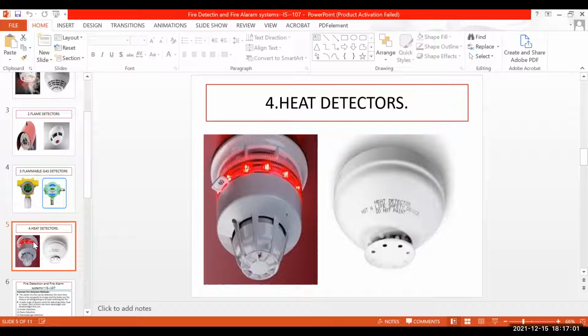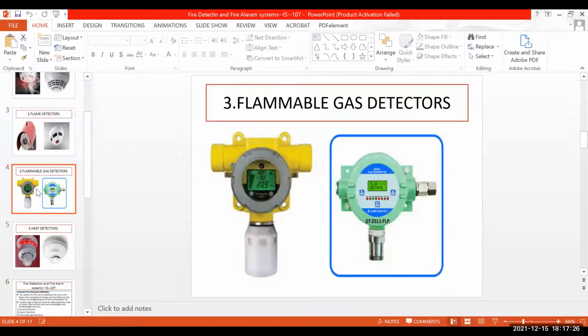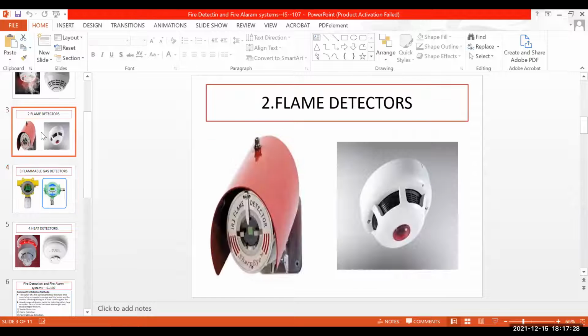While doing any type of maintenance, we have to maintain the detectors as well, because if lots of dust has accumulated, it won't work sometimes, and if lots of dust accumulates inside, it starts alarming by itself. Those are also reasons. Also, for flame and gas detectors, calibration should be done.